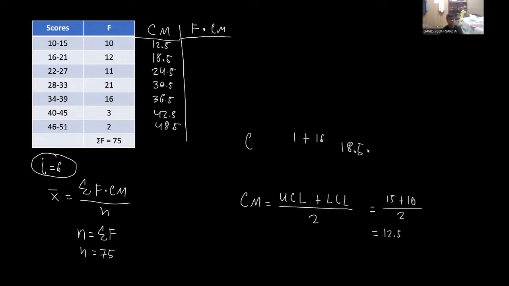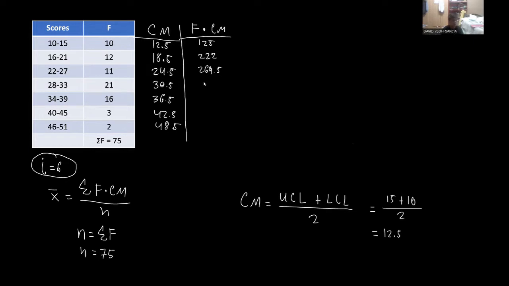All right, so let me erase this one so that I can have more space in filling it. So 10 times 12.5 is 125. Next, 12 times 18.5 is 222. Next, 11 times 24.5 is 269.5.